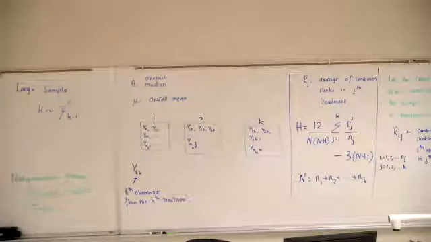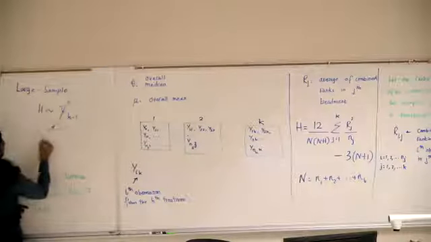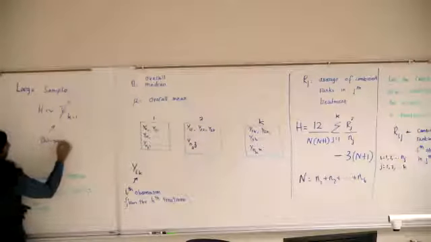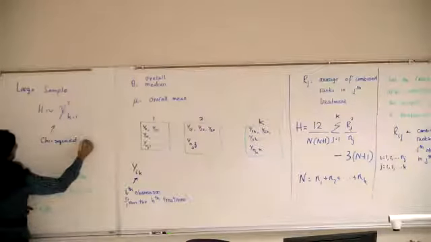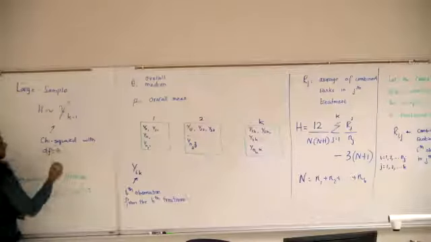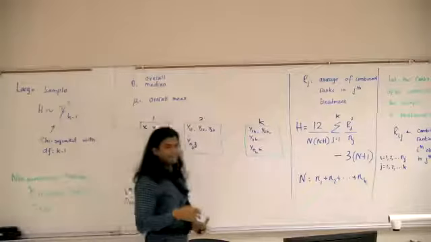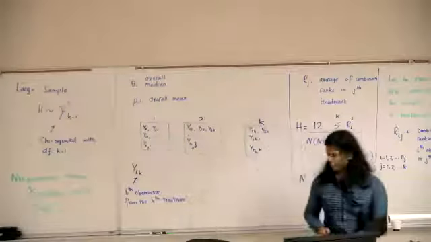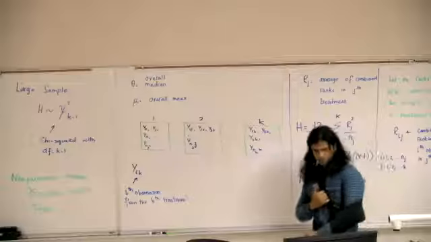H will approach a chi-square distribution with df equals k minus 1. Good.